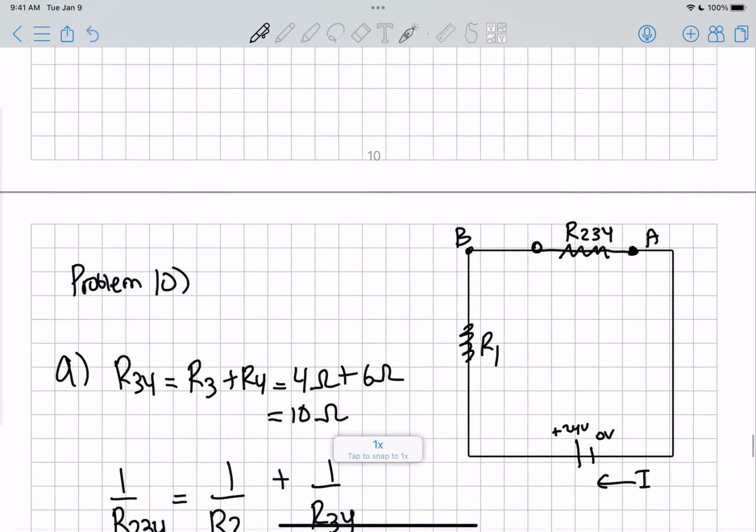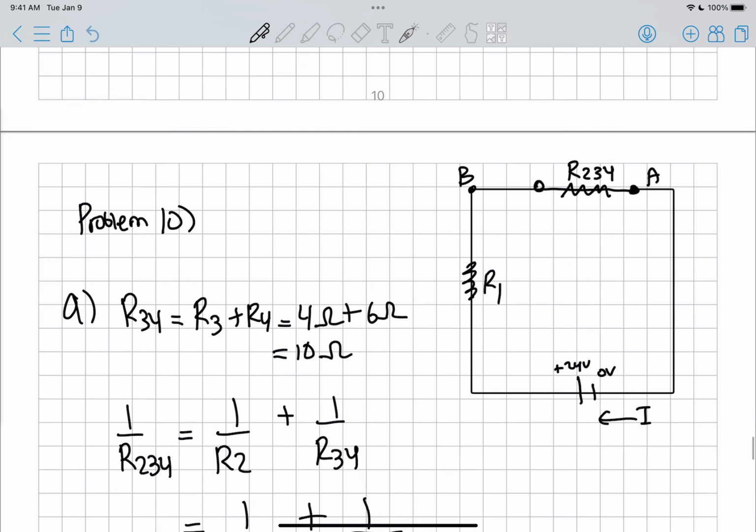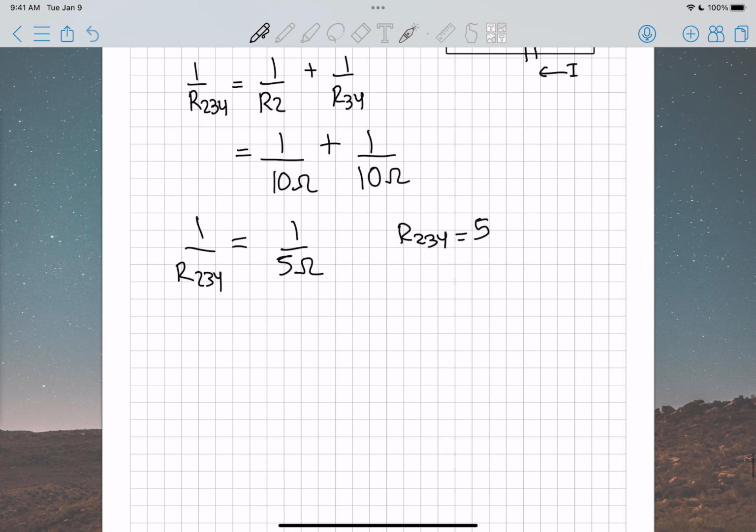Okay, awesome. So now we have R234, and now we have R1. We go back and trace the current: R1, here's our trunk, still on that same branch, back to the battery, no extra branching points. Everything is in series, right? So we can now figure out R1234, which is the equivalent resistance of all 4 resistors.